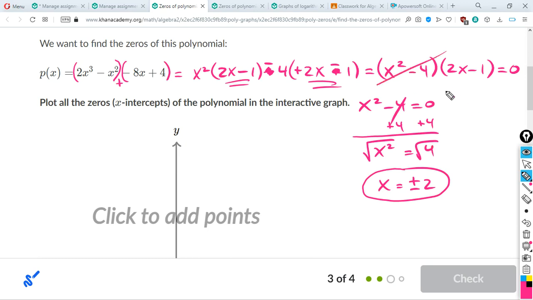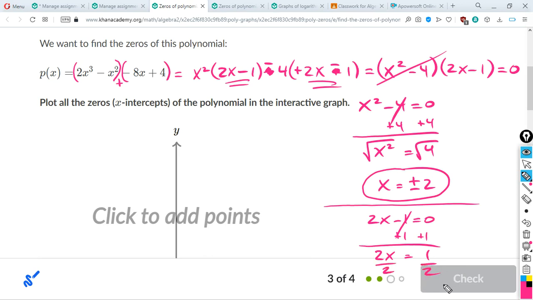Now if we do 2x minus 1 equals 0, add 1 to both sides, it cancels here, 2x equals 1, divide both sides by 2, the 2's cancel, and x is just 1/2, which is the same as 0.5.